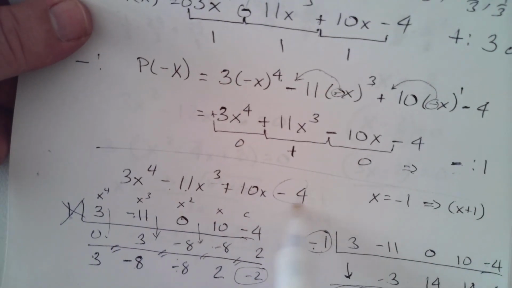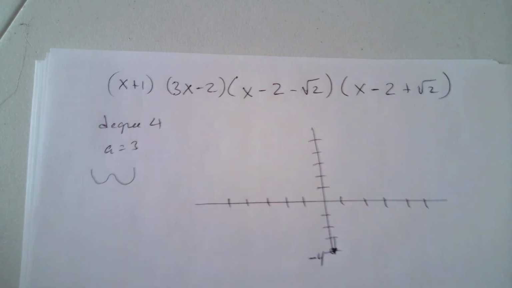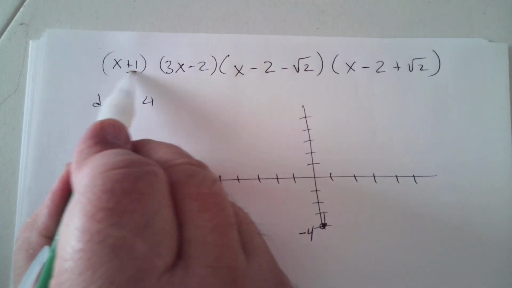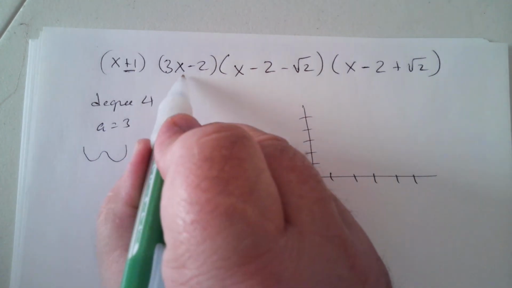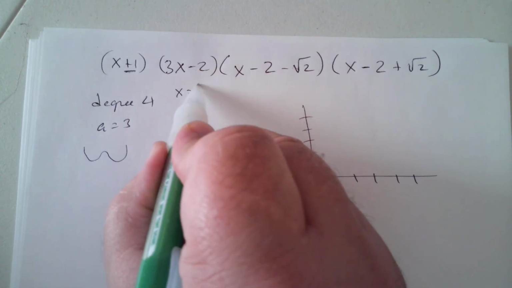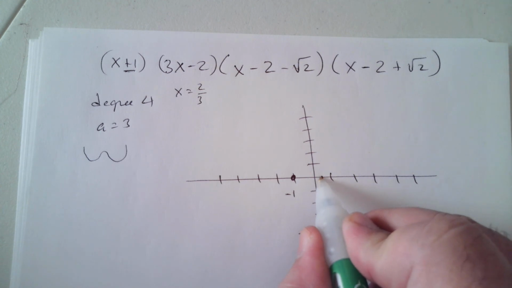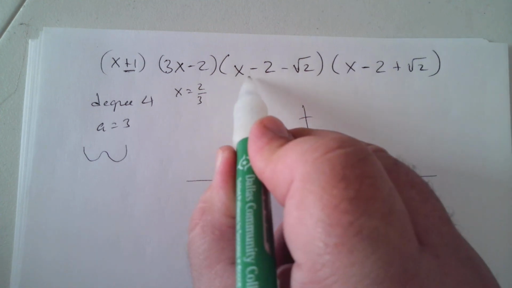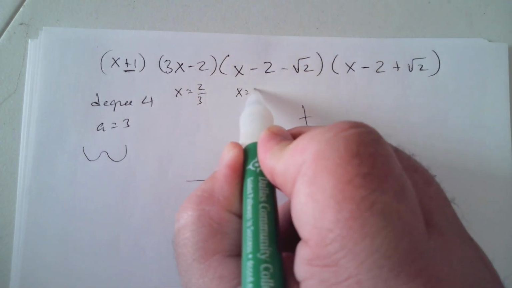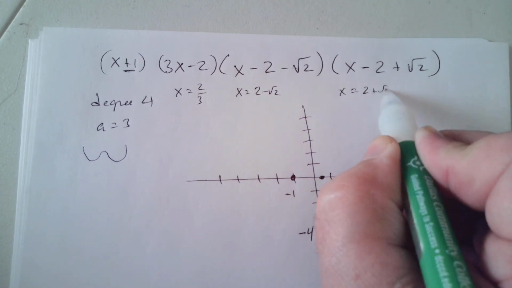So our y-intercept was negative 4. We have an x-intercept at negative 1, at positive 2 over 3, and then at x equals 2 minus radical 2 and x equals 2 plus radical 2.